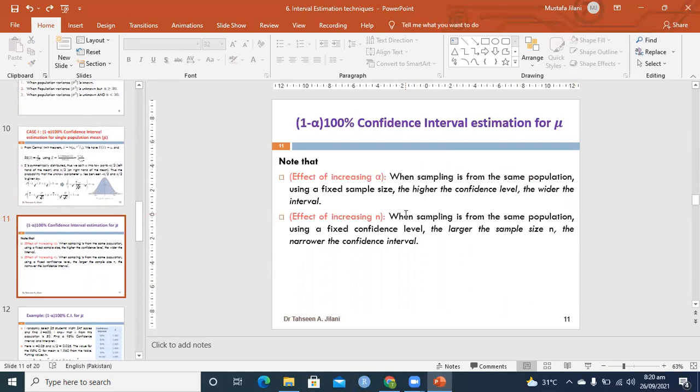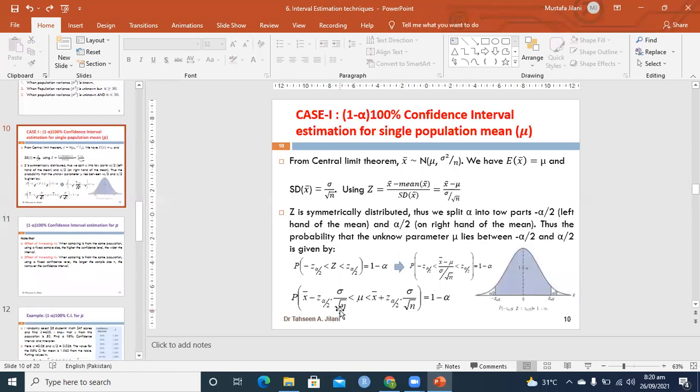Second thing, effect on the confidence interval of sample size. Look at here. If I have a larger denominator, then this quantity will get smaller and smaller, like 50 minus 1 and 50 plus 1. But if I increase sample size, 50 minus 0.1 and 50 plus 0.1.